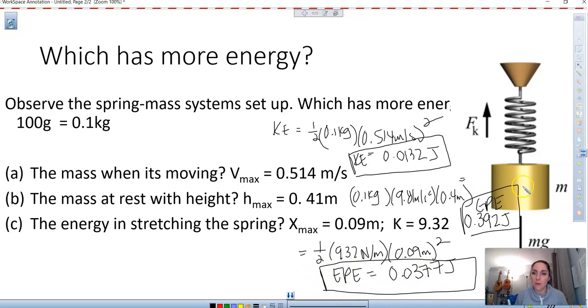Okay, so as I already mentioned, this has the most. Now, of course, there are cases when this is not true. If you had a tiny little height versus a big stretch and a fast motion, then obviously these would change. But I like to just do this as a quick experiment because I think people underestimate how much energy you can have just by displacing yourself against gravity, because it doesn't feel like you have any energy.